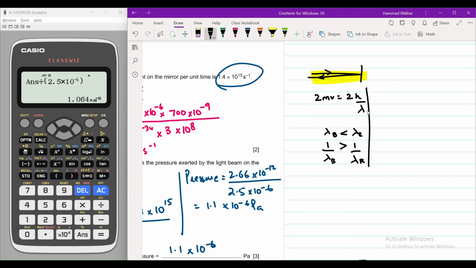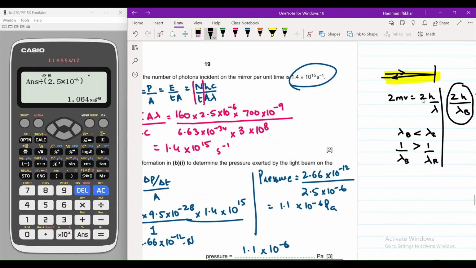So if we compare the change in momentum, 2h over lambda b will be greater than 2h over lambda r. That means the change in momentum will be greater for the blue photons than it was for the red photons.